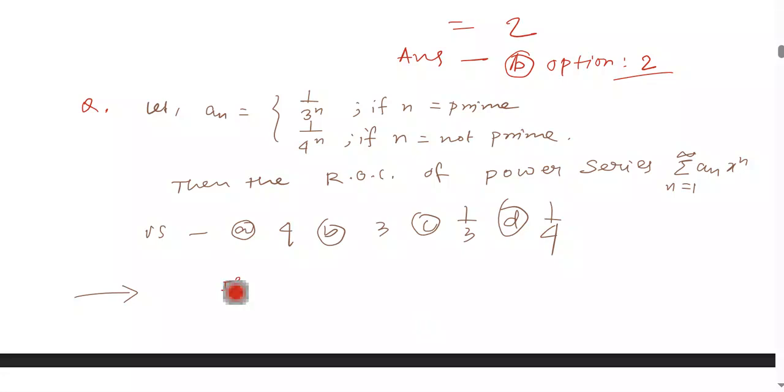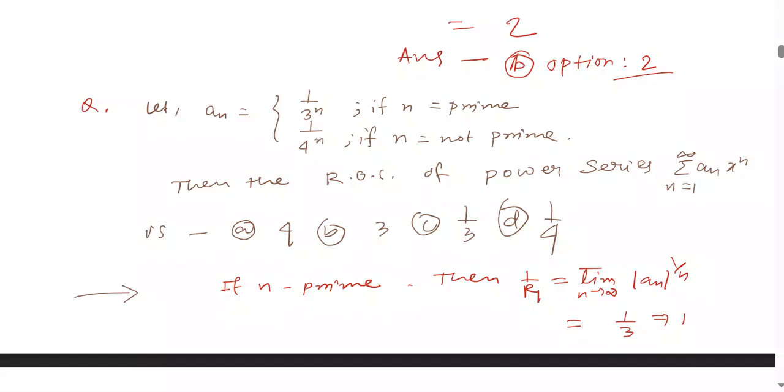If n is prime, then 1 by R1, radius of convergence, is equal to limit n tends to infinity a_n power 1 by n, that is equal to 1 by 3. From here R1 is 3. Simple.